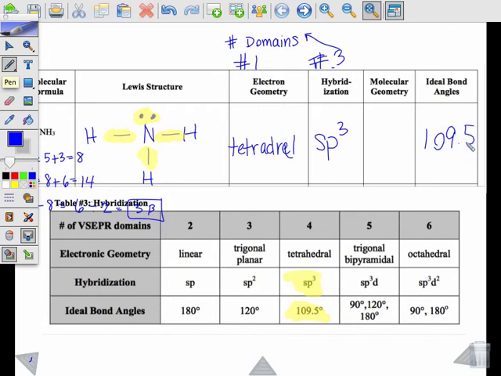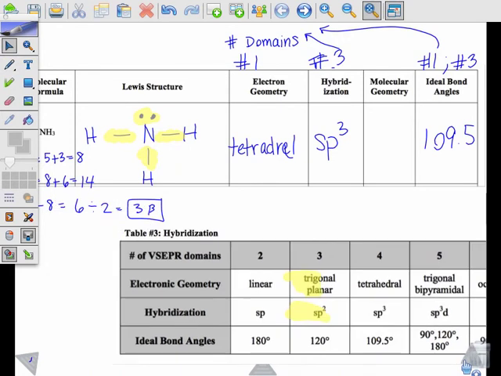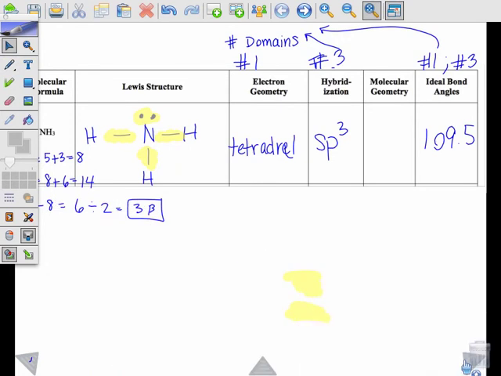You can actually find bond angle from a couple of places. Bond angle is, again, the number of domains, and you can find it from chart number 1 or chart number 3, whichever one you want to use. So the hard part is going to come in when we do the molecular geometry here, because molecular geometry involves 2 things.